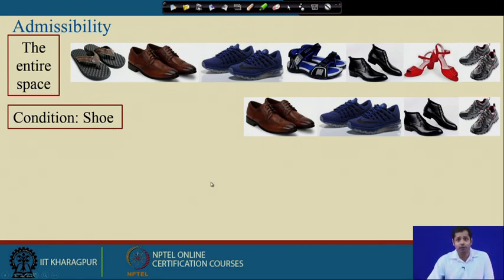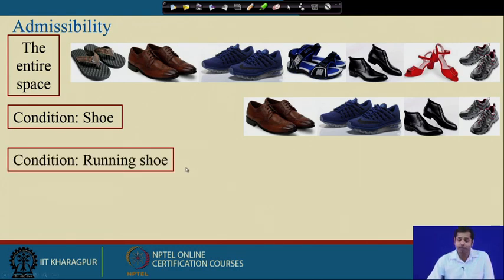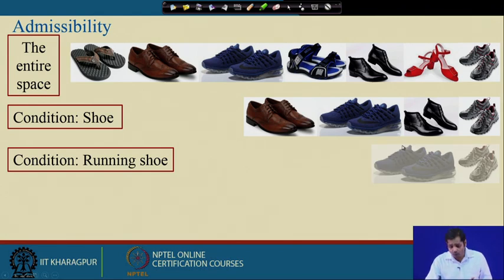Now, your next requirement is that it should be a running shoe. Out of these 4, all are not running shoes. Only these 2 are running shoes. So these 2 satisfy this condition as well as the previous condition. Then your requirement is furthermore: you are not satisfied with only the running shoe, you want a shoe whose color is blue.